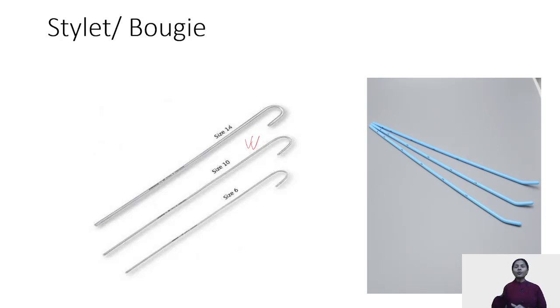The stellate is put inside the endotracheal tube, and you form a hockey stick shaped endotracheal tube, and along with the stellate, the tube is inserted. But you have to be careful that the stellate does not protrude out of the tube. The end of the stellate has to be inside the tube.